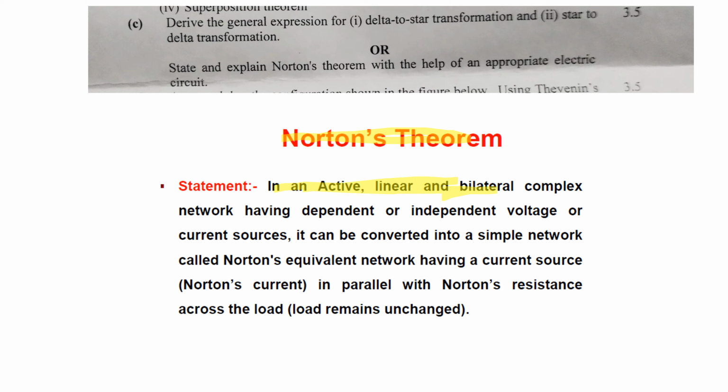You can write the definition and also complete the question. You have to draw the appropriate electric circuit, so you should focus on the whole question. If you just explain Norton's theorem, you will get half marks, and with the help of an appropriate diagram and circuit, you will definitely get full marks.